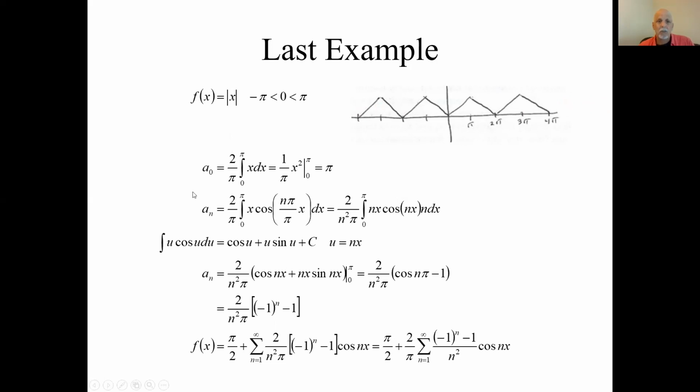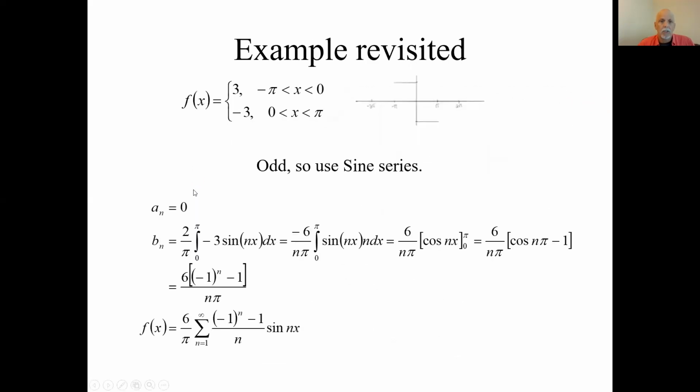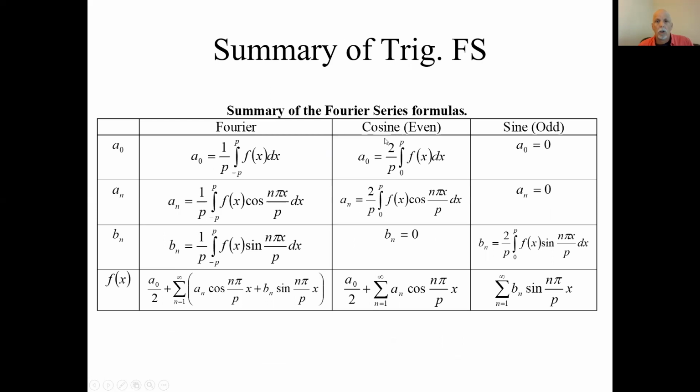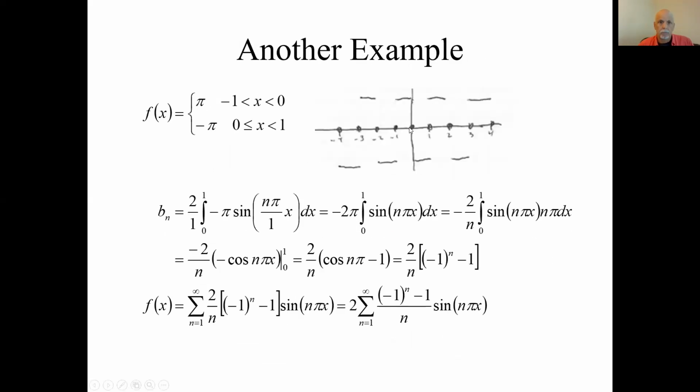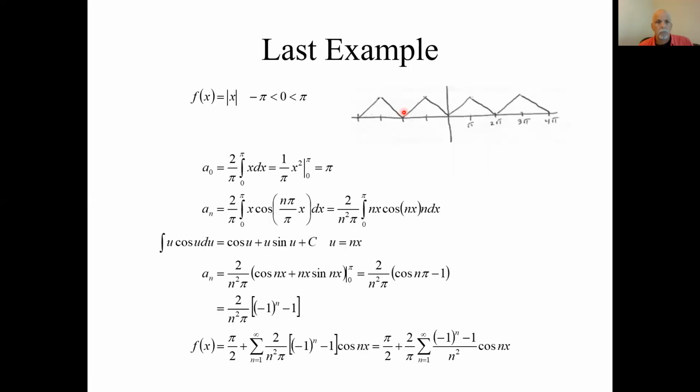And because it's even, we don't have to compute the b's. We just compute the a's using this middle column of formulas. Here we have a u cosine u du type thing, so I'm just using a table for how to do that integral.